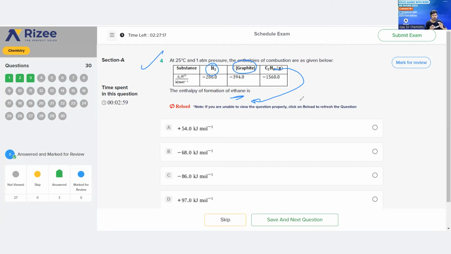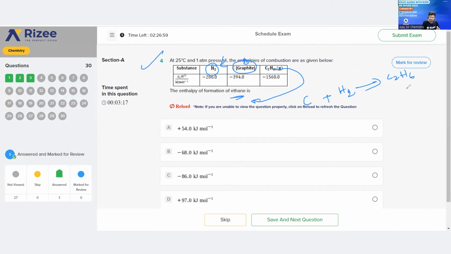So first of all, we have to write the equation. Carbon is in the graphite state, and hydrogen is there too. Both will produce C2H6. This is the general equation.